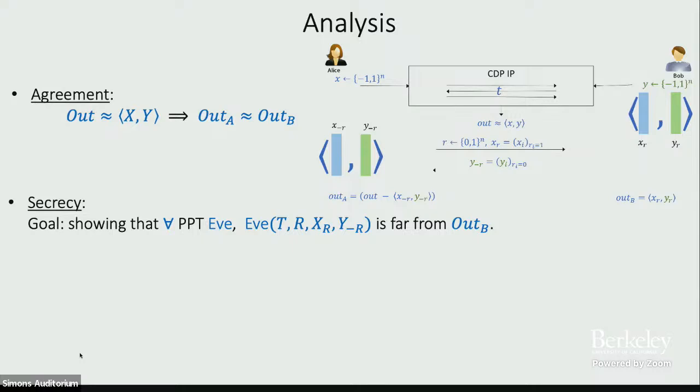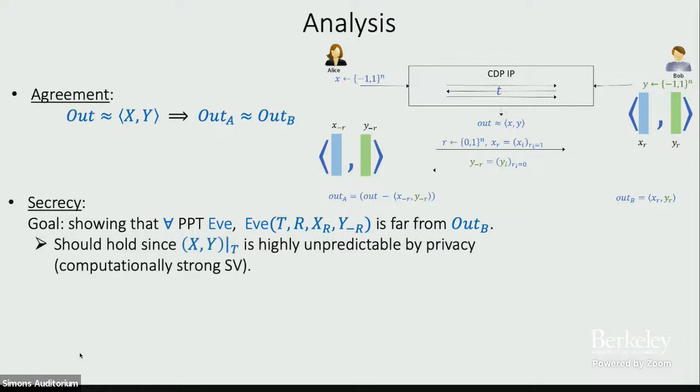And in order to amplify this protocol into key agreement, we need that with some probability, the output of Eve will be farther from the output of Bob than the output of Alice. So Alice has some advantage over Eve in guessing the output of Bob. And this will be enough.